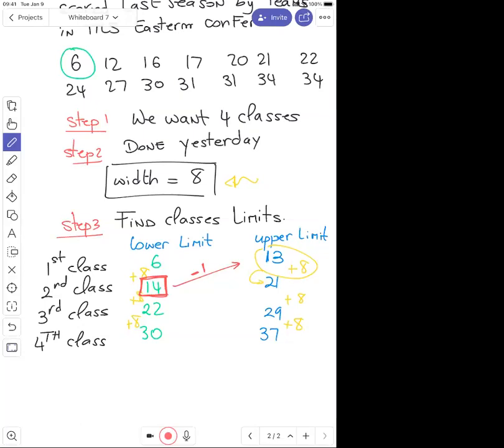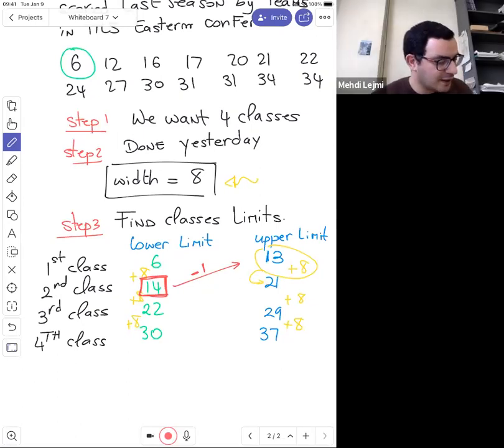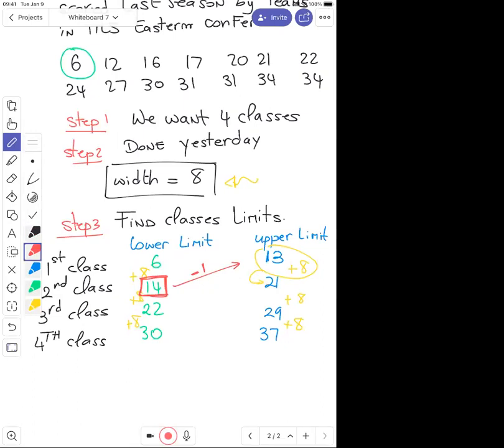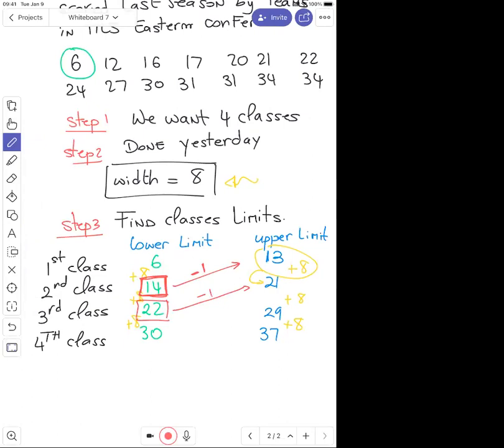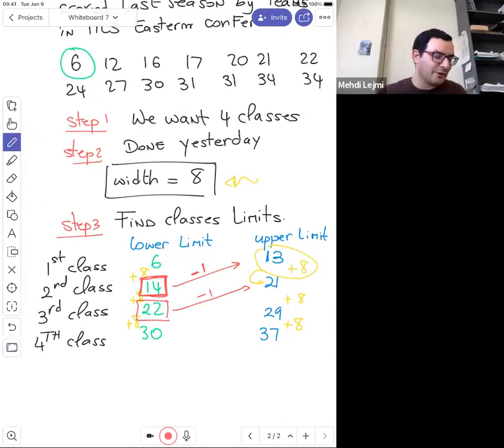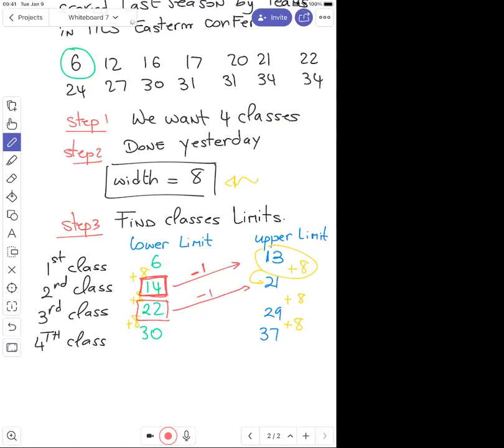But actually, you can do it for the next ones too: if you subtract 1 from 22, you get 21. That's another way to do it, but that would probably be too confusing. I prefer to add the 8 to the first one. Okay, thank you.